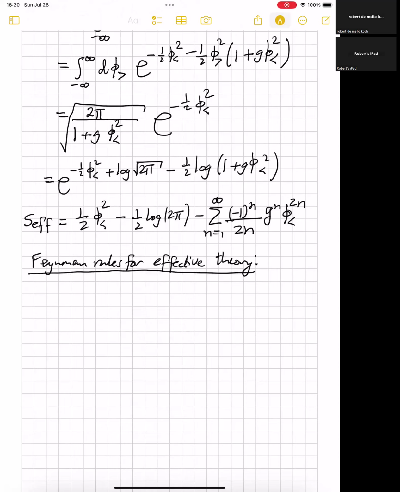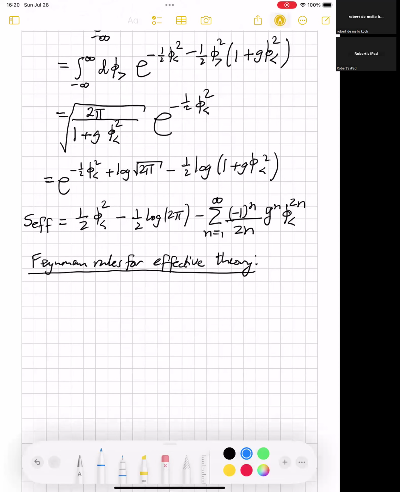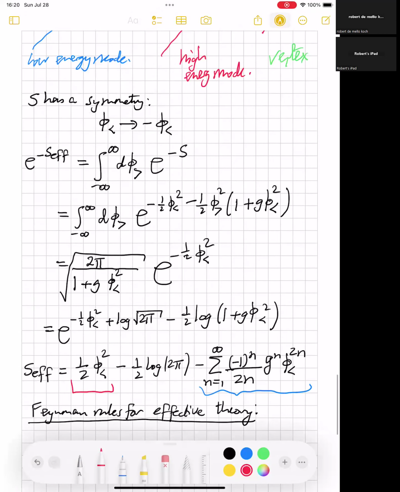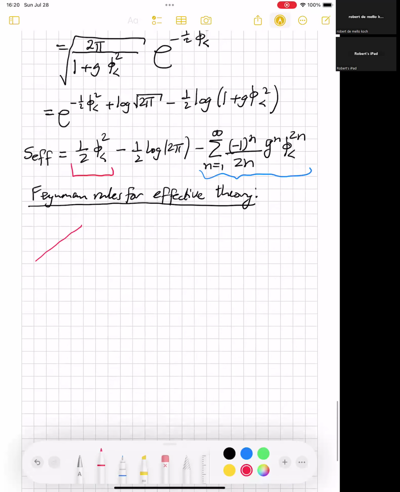I'm going to treat this second sum that's appearing over here as perturbation, since they all come multiplied by powers of g. So from this term over here, we've got a propagator for the less than mode. This is the propagator of the low energy mode.